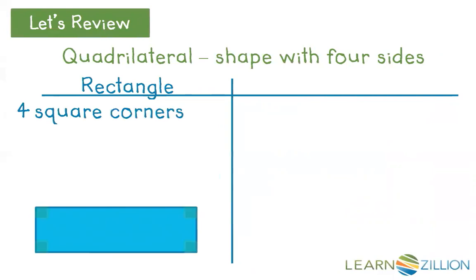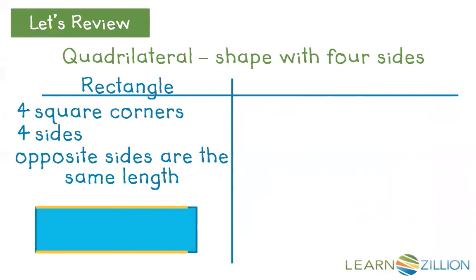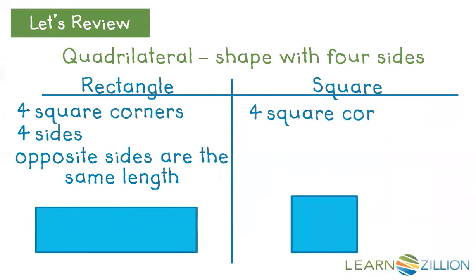A rectangle has 4 square corners. It has 4 sides. Opposite sides are the same length. The top and the bottom are the same length, and the end sides are the same length. Let's take a look at a square. A square has 4 square corners.